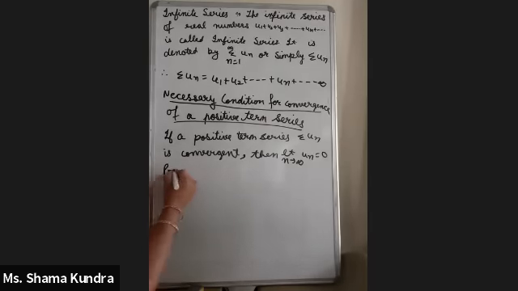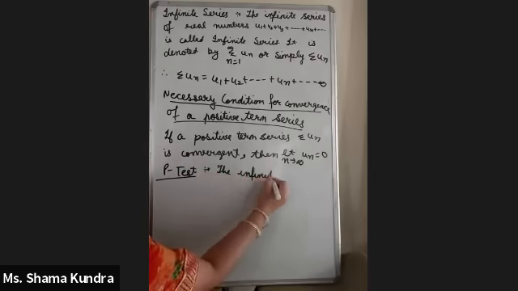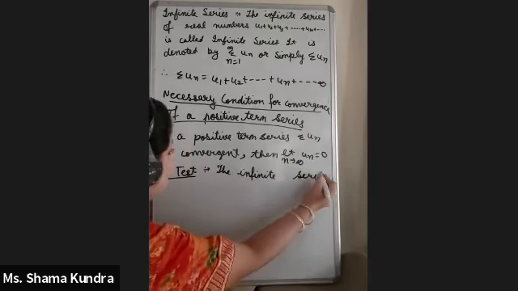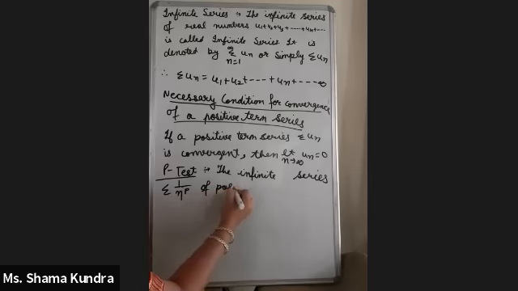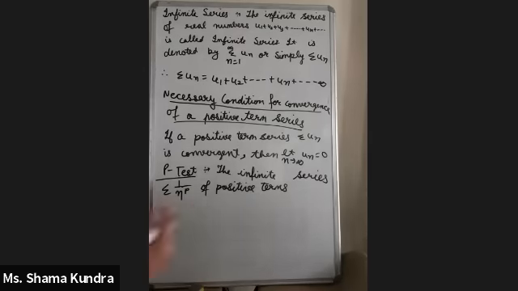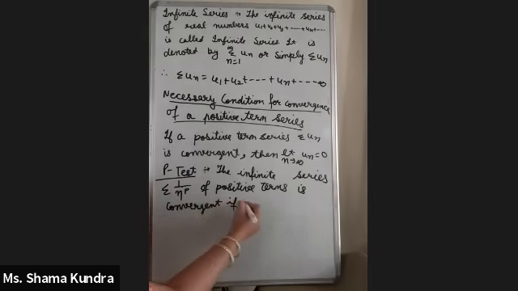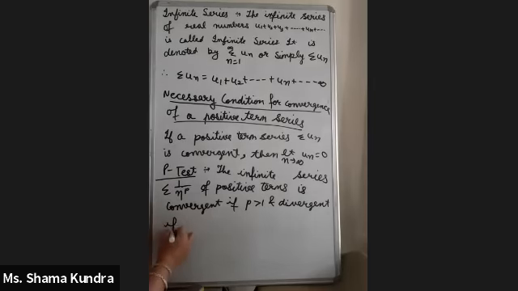The infinite series of the form summation 1 over n raised to power p, where n is the single term and p is any constant, of positive terms, is convergent if p is greater than 1 and divergent if p is less than or equal to 1.